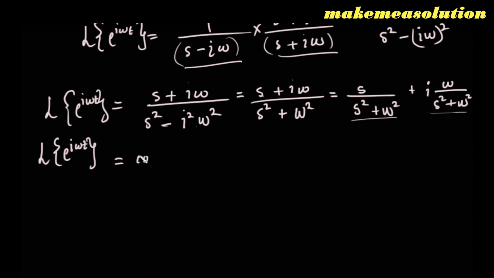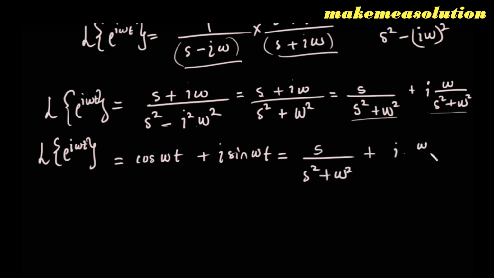The Laplace transform of exponential i omega t is cos omega t plus i sine omega t, and now we've gotten it as s over s squared plus omega squared, plus i times omega over s squared plus omega squared.